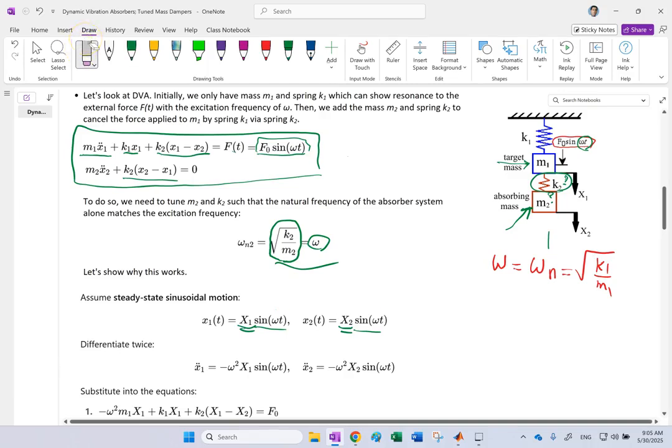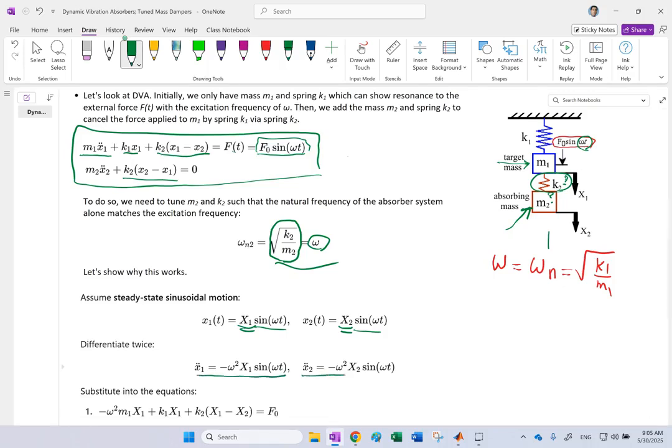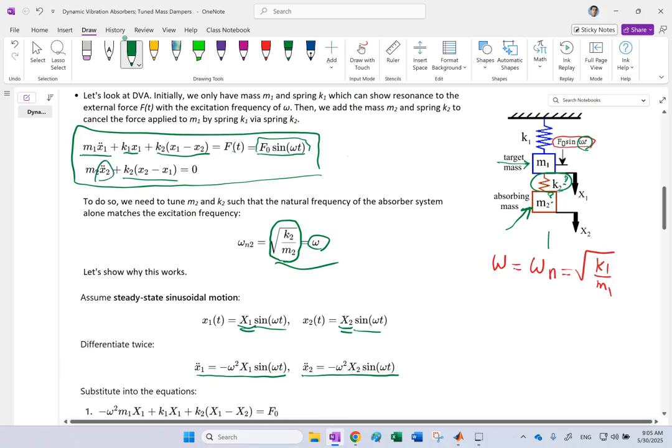So if we consider these solutions and take two time derivatives from them, this is going to be x1 double dot, this is going to be x2 double dot. And now we can plug them right here and here, into these equations.